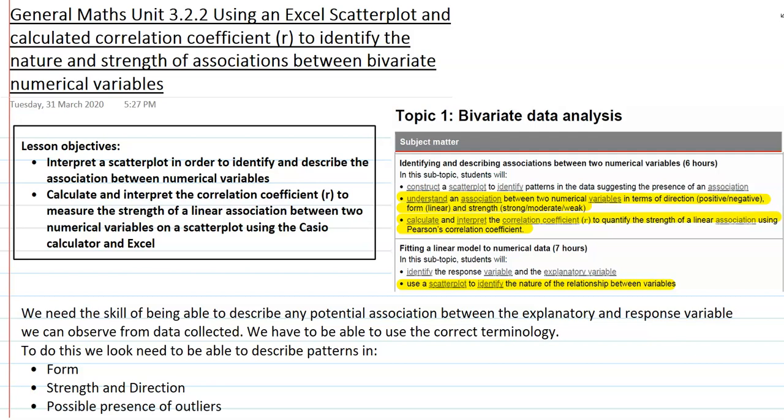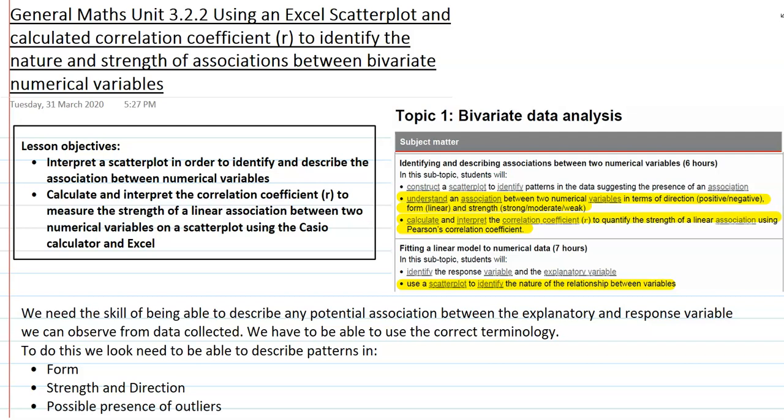And then we're going to look at how to calculate and interpret the correlation coefficient, or R value, to measure the strength of a linear association between two numerical variables. So we're going to look at the Casio calculator and Excel methods of doing this.